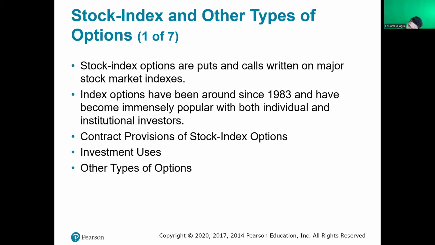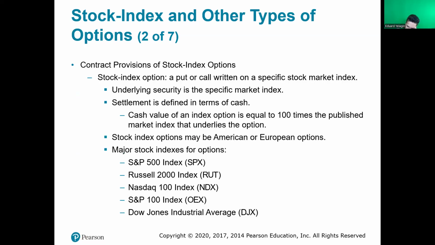For investors, index options are a powerful tool for hedging portfolios against market downturns and speculating on broad market moves without picking individual stocks. So in the next slides, we'll look at their contract details and other specialized types of options that serve different investment goals.